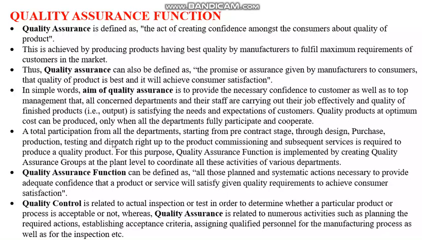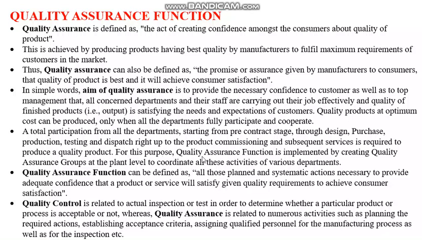So a total participation from all the departments, starting from the pre-contract stage, through design function, purchase function, production, testing department, and dispatch, right up to the product commissioning and subsequent services, is required to produce quality product. So all this, total participation of all these departments is necessary.